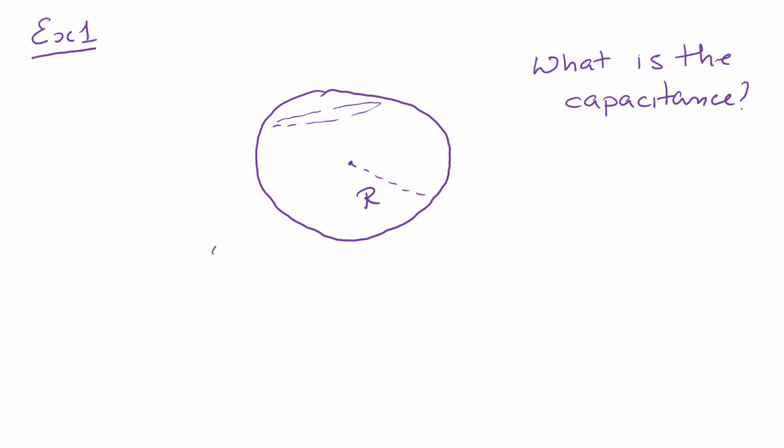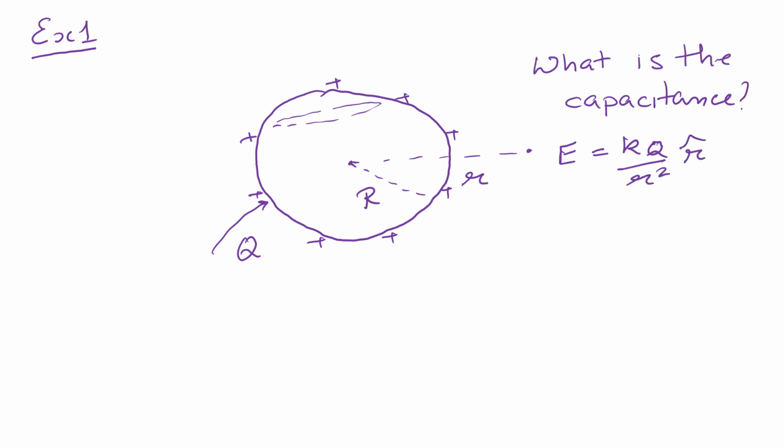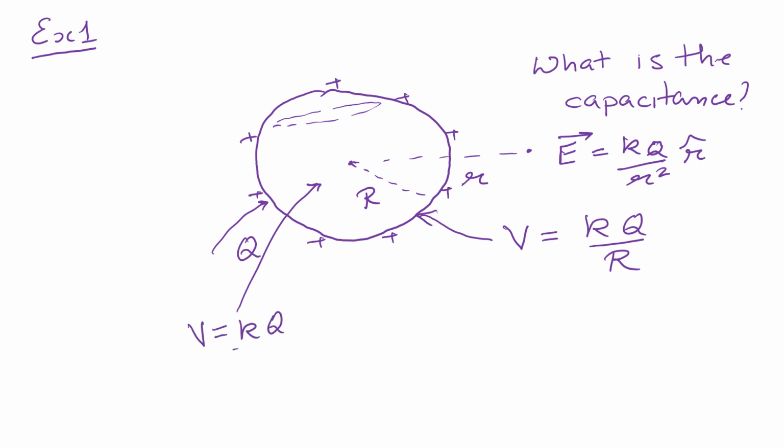We release charge Q on the conductor, and as we know, the charge is going to be uniformly distributed on a sphere, and the electric field anywhere outside at a distance r is simply kQ/r² r-hat, and the potential V on the conductor is kQ/R. Potential anywhere inside is also kQ/R.